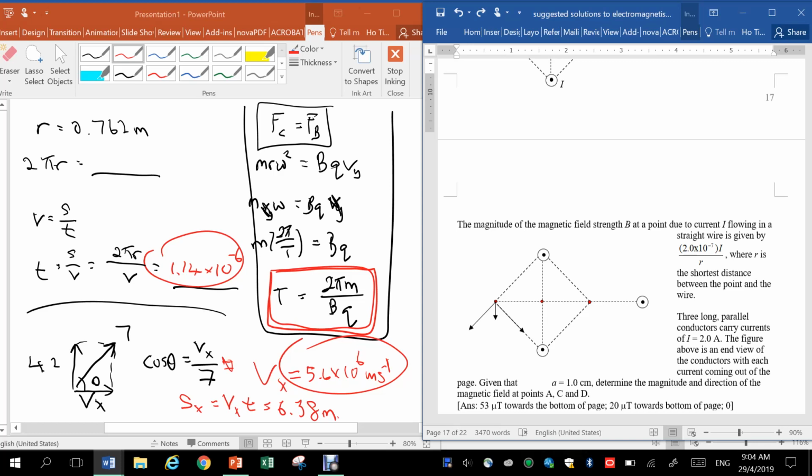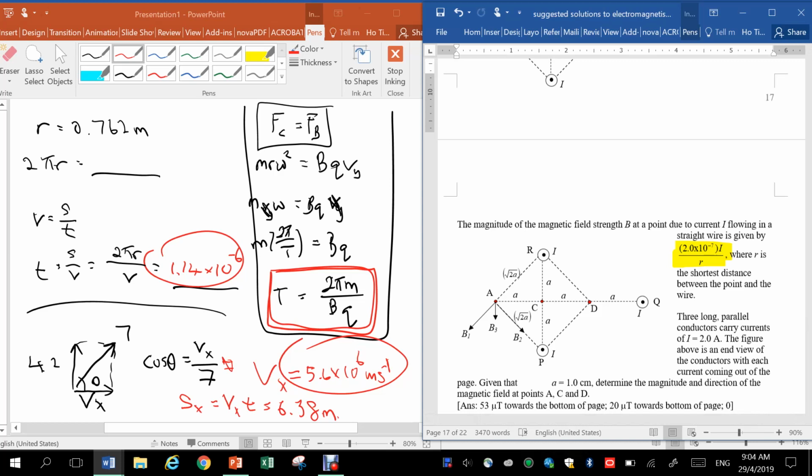This essentially is mu naught divided by 2 pi. This value that you see here, that they give to you, is essentially mu naught divided by 2 pi. So 2.0 × 10^-7 is mu naught divided by 2 pi.